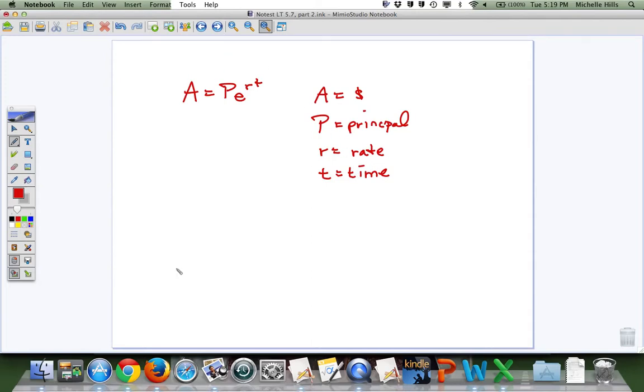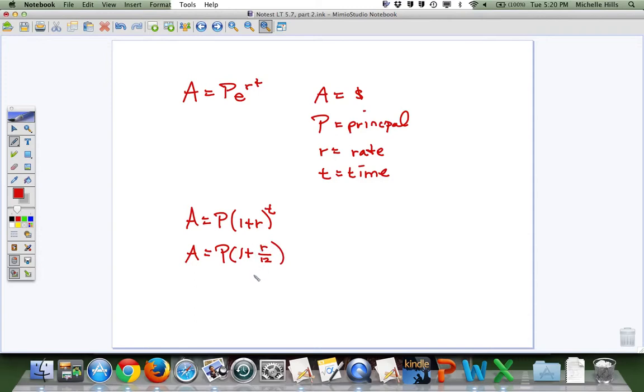If instead they say it compounds annually, A equals P, and then if it only compounds annually, it's 1 plus the rate. So if it's 6%, this would be 1.06 to the number of years. But if it says it compounds monthly or 365 times a year, which is daily, I have to take the rate and divide it by 12 if it's monthly, because they're not going to pay the entire rate each time.